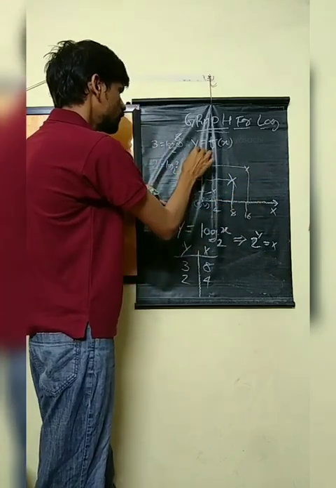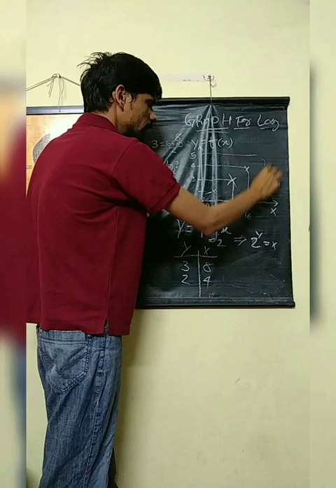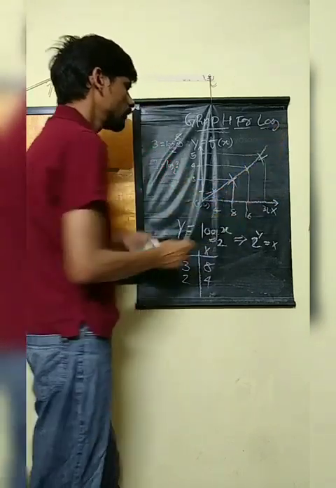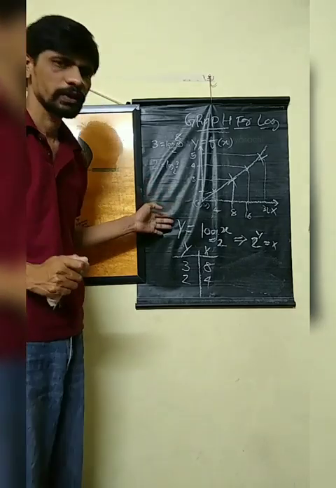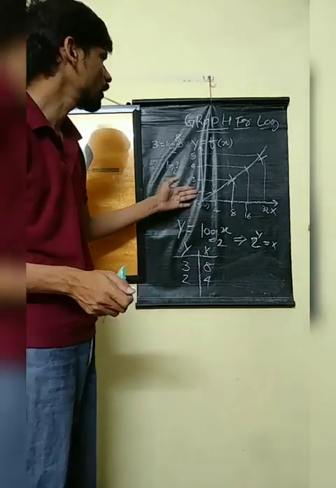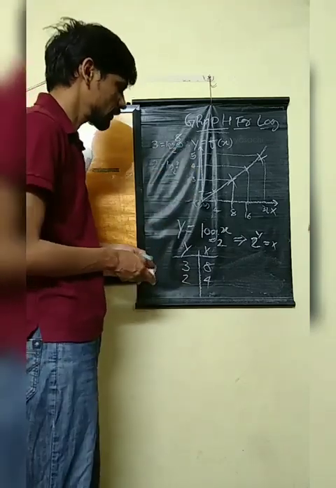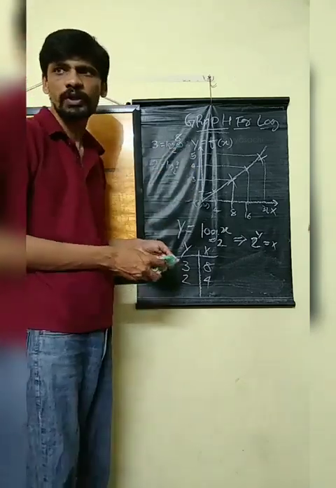If my y value is 5, my x value will be 32. In this way, we can plot the graph for a given logarithmic function by using f of x. Understood, right?